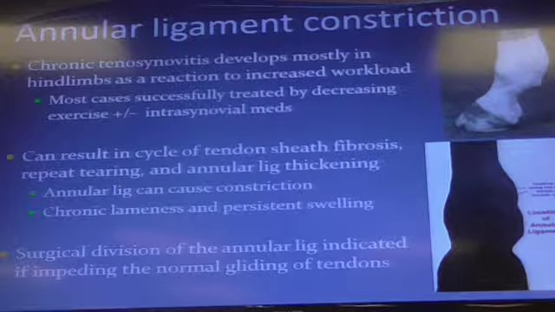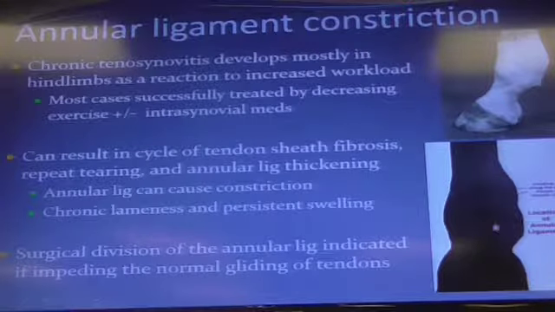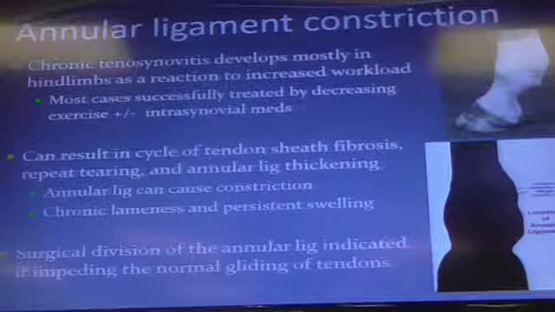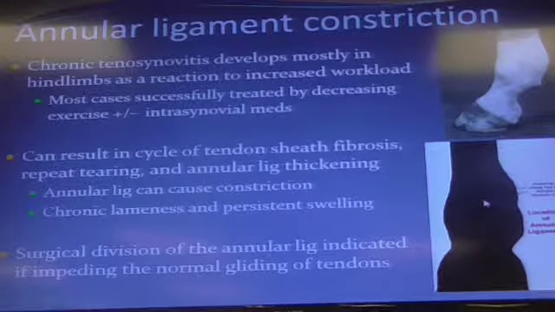So the annular ligament, it might be hard on your screens to see. Can you see there's some red lines across the black here? That's where the annular ligament goes. We talked about tendon sheaths, and there's a tendon sheath that goes from here all the way down here. It's a fluid-filled structure, not a lot of fluid usually, but if there's a lot of fluid, you'll see a bulge up here and down here, which you won't see to the back because that's where the annular ligament is, tightly wrapping.